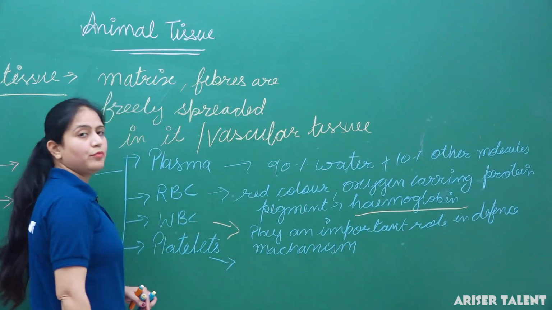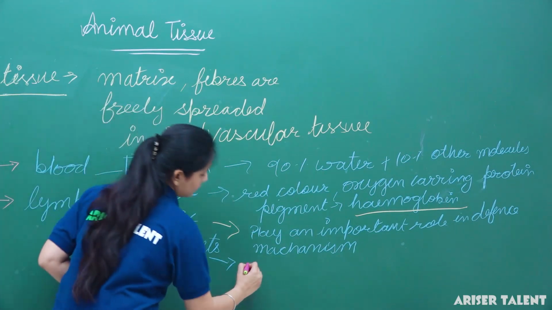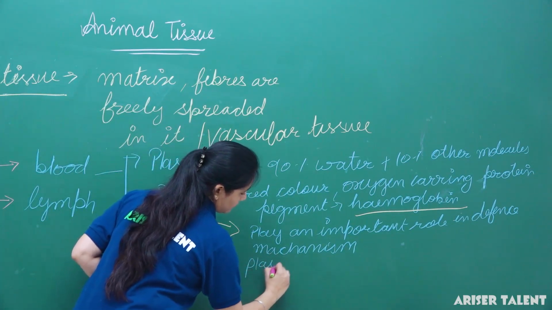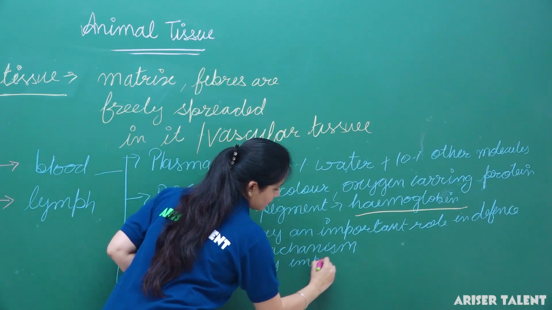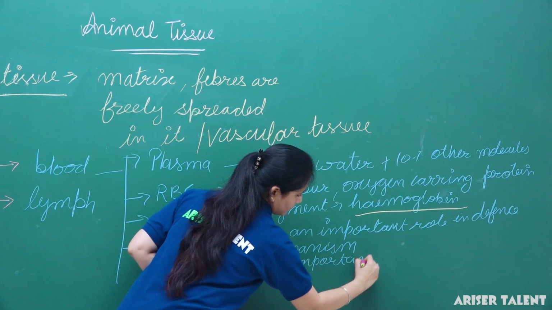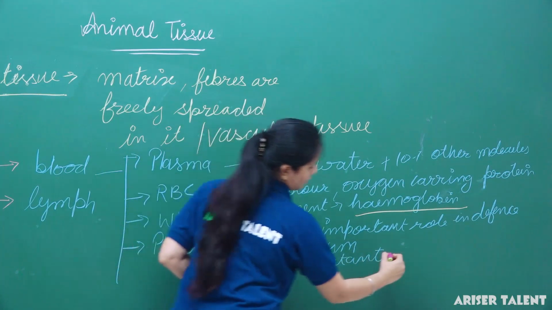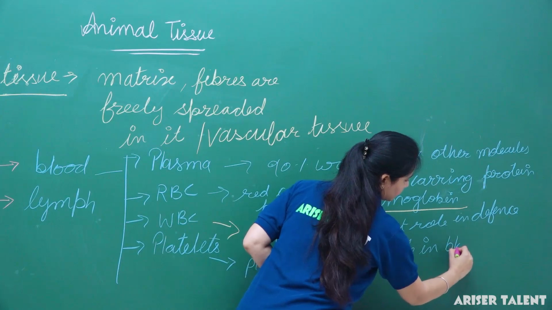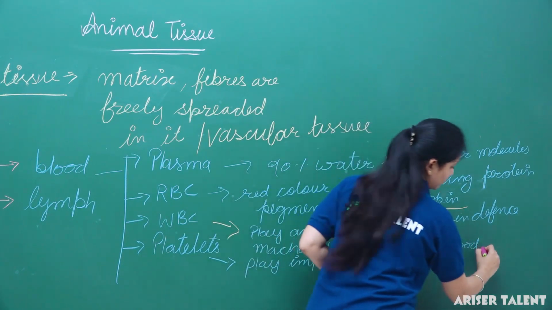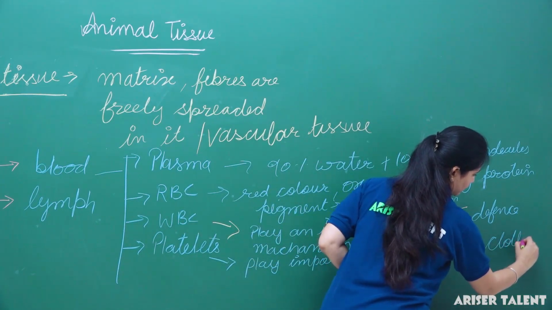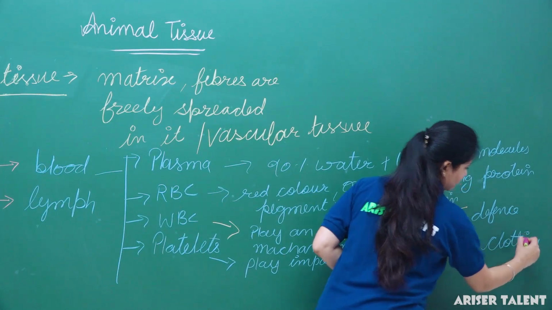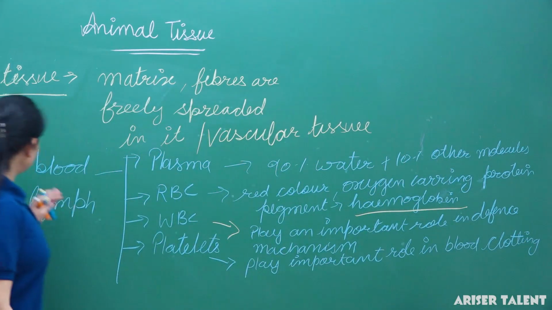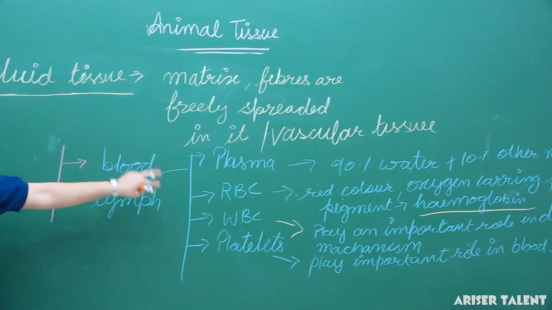And platelets play an important role in blood clotting. So these are the different things which blood contains.